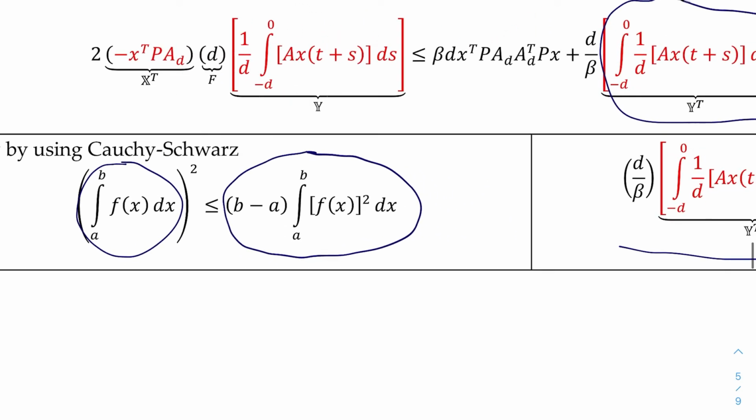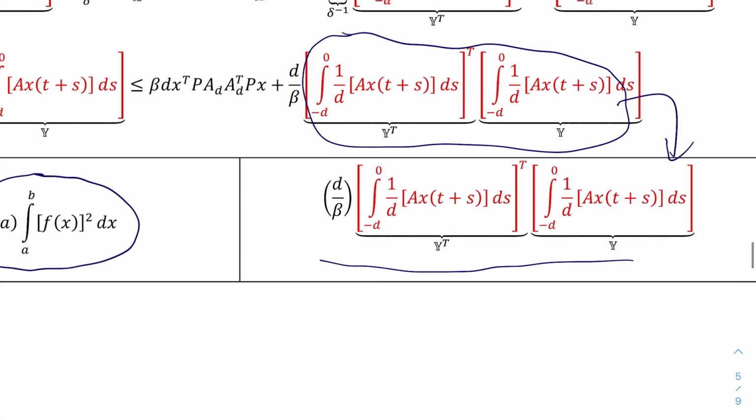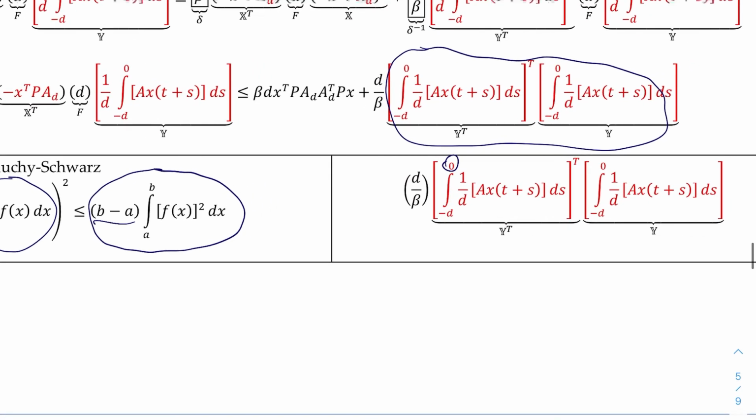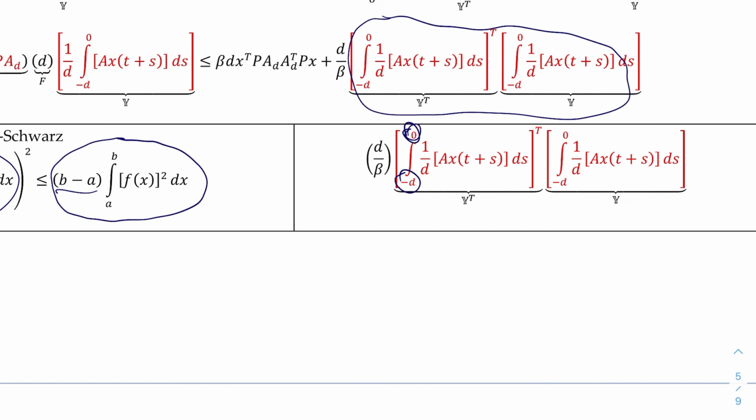So, do we have the square of a given definite integral? Yes, it doesn't say square, but it says transpose times itself, and in matrix language, it is a square, right? So what is b minus a here? This is b and this is a, right? And b minus a is d because of that.